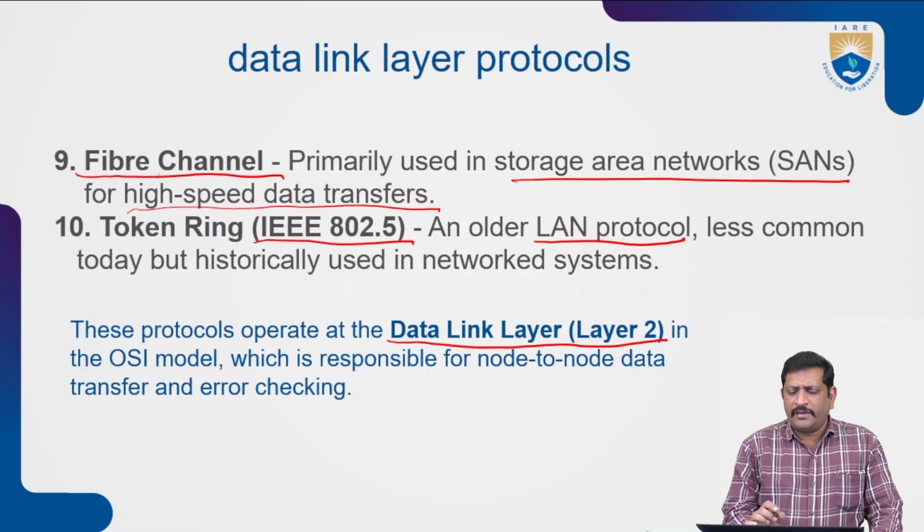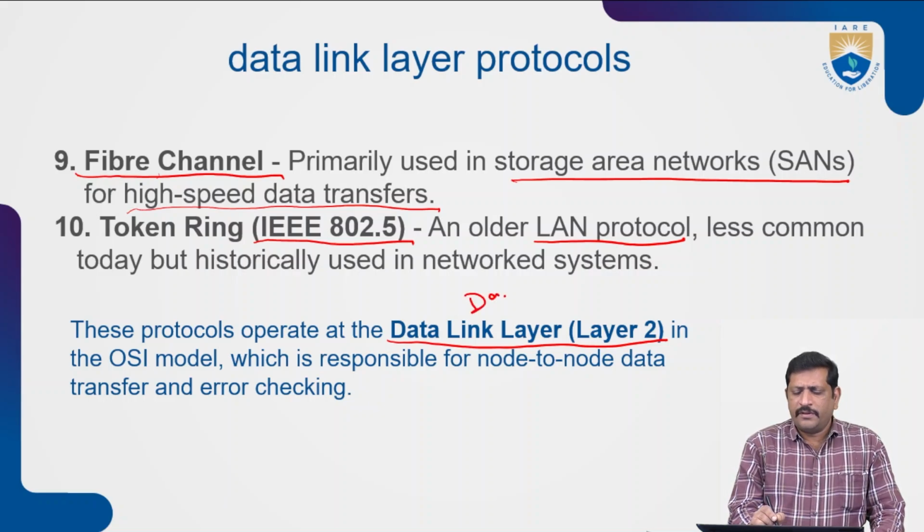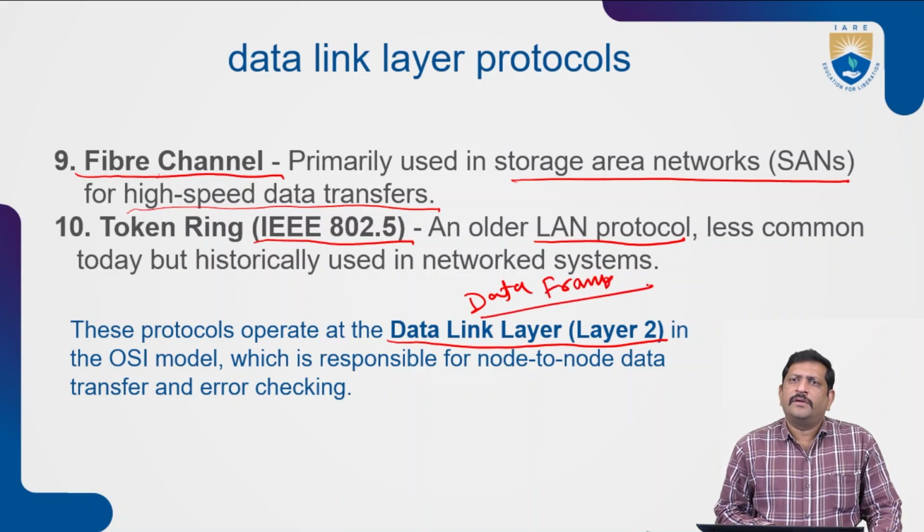The data link layer transmits data frames from one device to another device over the physical media. That is layer 2 in the OSI reference model.